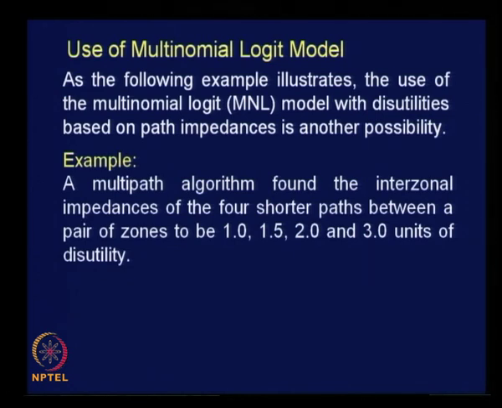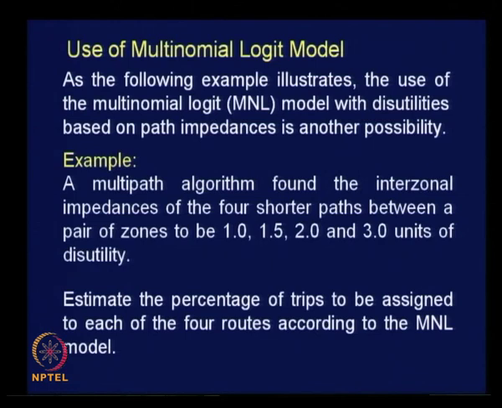So, you can name it as travel impedance, the total travel impedance along each of the alternative routes. Now, the problem is this: estimate the percentage of trips to be assigned to each of the 4 routes according to the MNL model, multinomial Logit model, right.